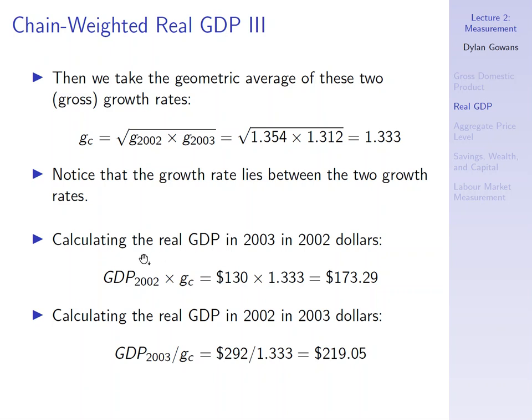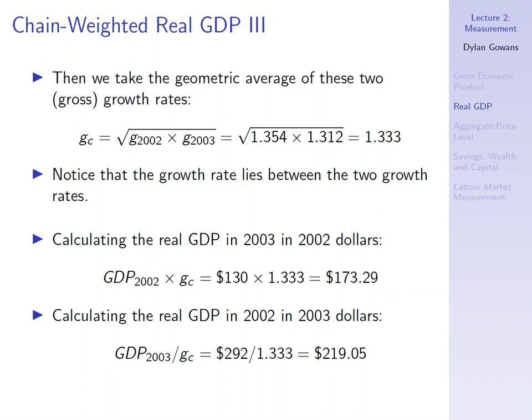So for example, the real GDP in 2003 in 2002 dollars: we take the GDP in 2002, multiply it by our measured growth rate to get the value of real GDP in 2003 in 2002 dollars.